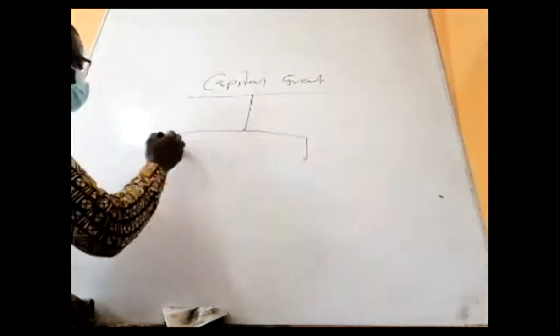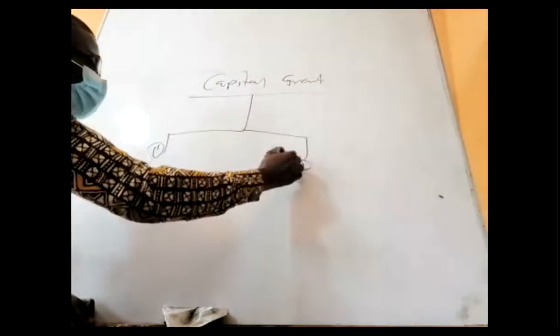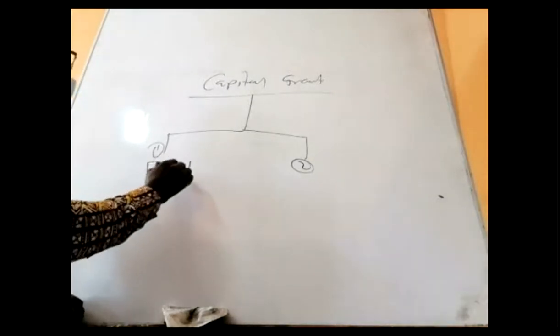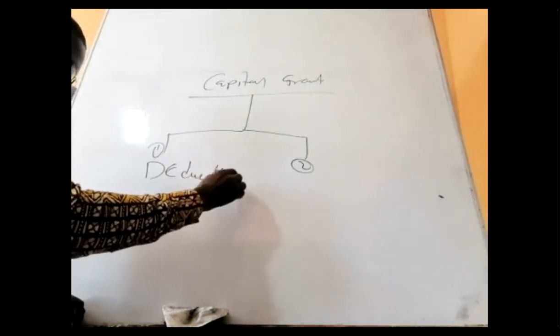Now, for the capital grant, there are 2 types of treatment, and that is all. Treatment number 1 is called the deductive method, as the name suggests.